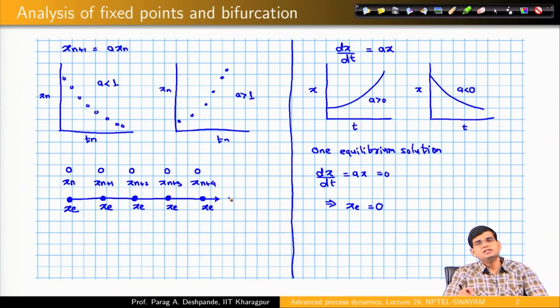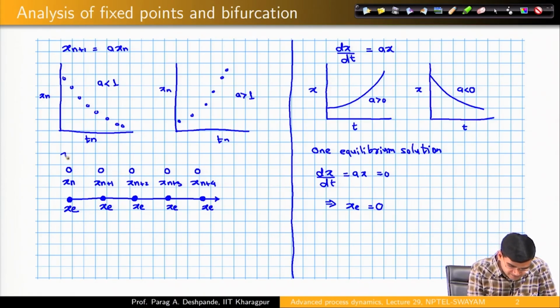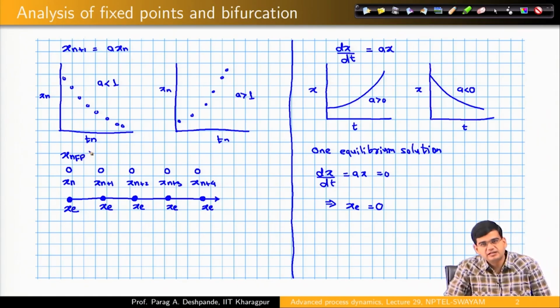So, what should be the analogous definition in the situation in discrete time? The moment I get x n, I will write here f p, I will tell you what is the meaning of x n f p.